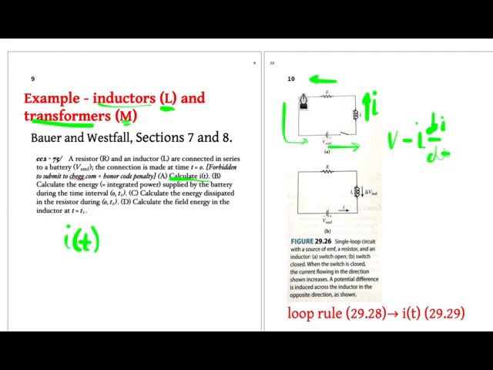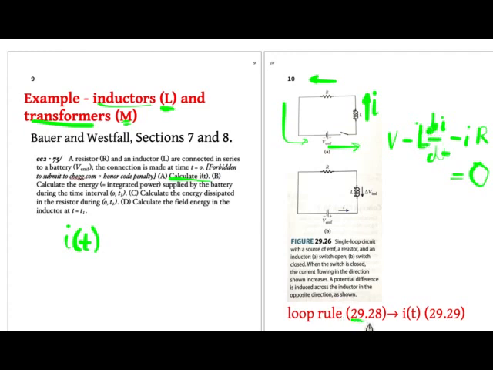And now the change in potential across the resistor is minus IR. And Kirchhoff's loop rule says that the changes in voltage around a loop must be 0. So I have this differential equation. Oops, this should have been L. L di dt.